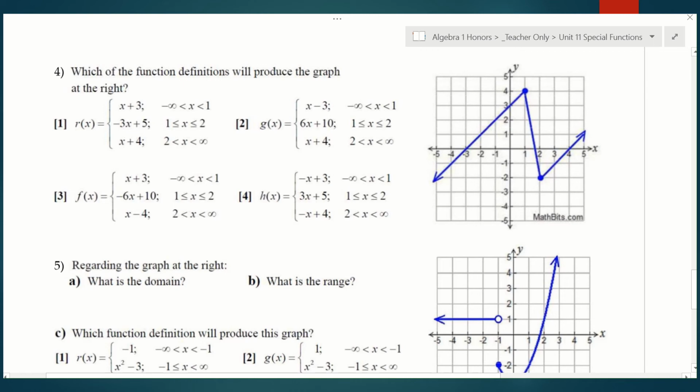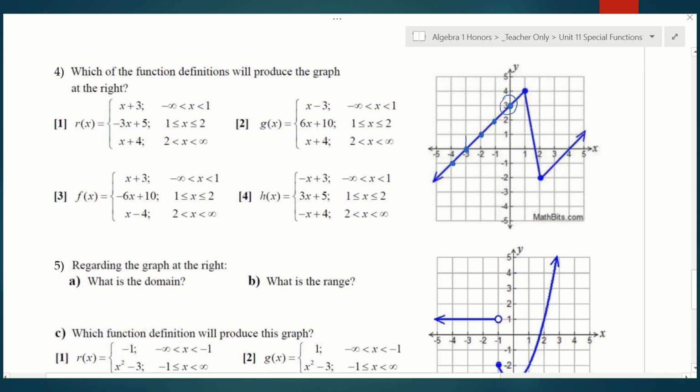Just glancing through them real quick, we can see that the very first line, that first piece, has a y-intercept of 3. I'm looking at this line here, and I'm just going to draw some points in. We can all see the y-intercept right there is at 3.